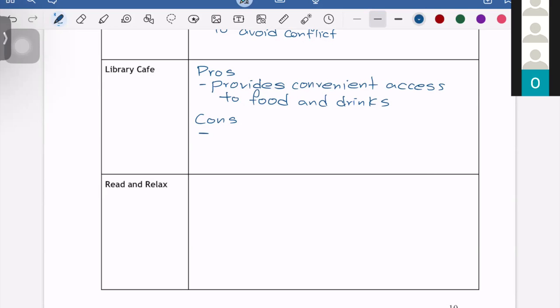Okay, cons for the library cafe. Cons for the library cafe.